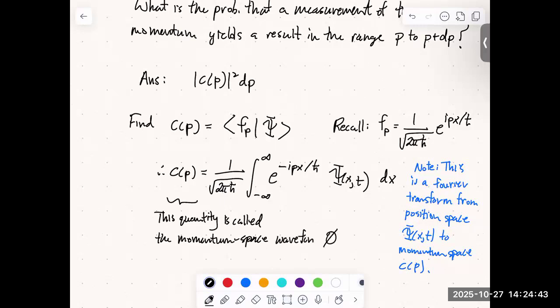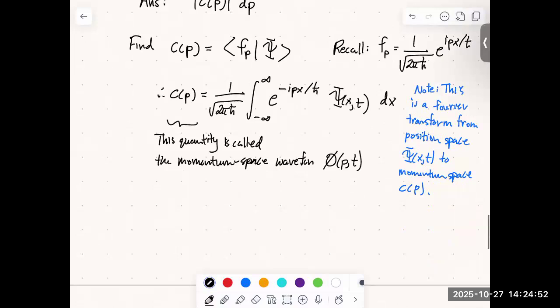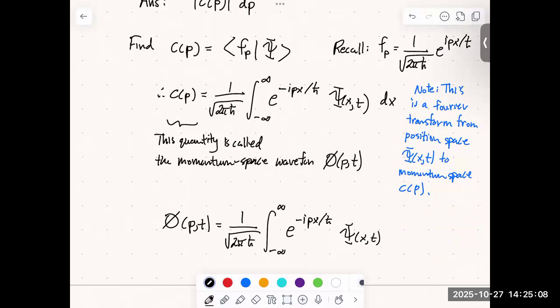And it's usually denoted as phi of p,t. And so therefore, what we have is phi of p,t is equal to 1 over square root 2 pi h bar integral from minus infinity to infinity e to the minus ipx over h bar psi of x,t dx.